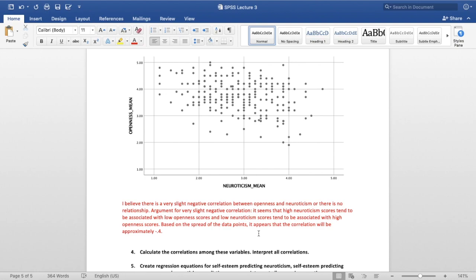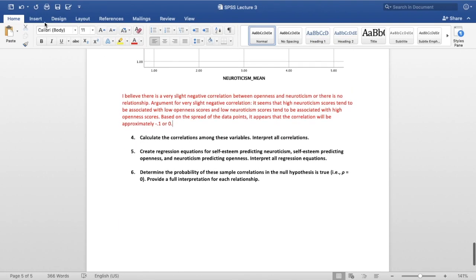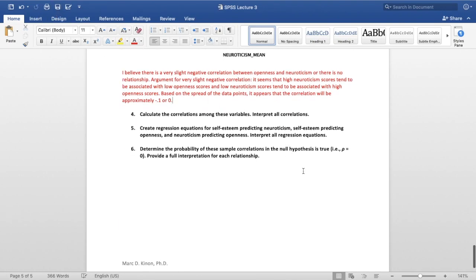Based on the spread of the data points, it appears that the correlation will be approximately, I would call it, negative 0.1 or 0. 0 meaning there's no relationship between these variables.